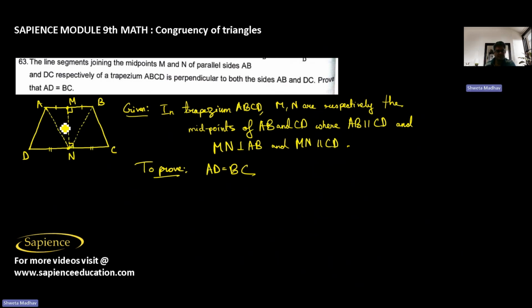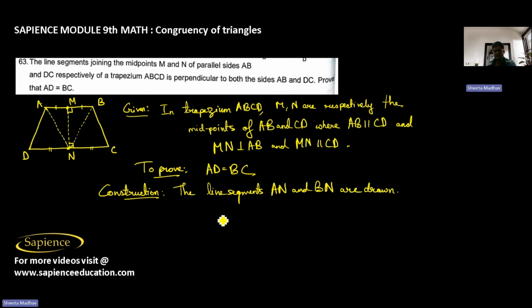So these two triangles are obviously congruent. First, we have to write the construction. Construction: the line segments AN and BN are drawn. Then we will write the proof.